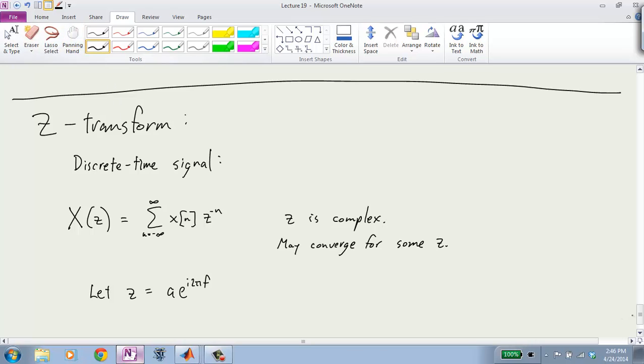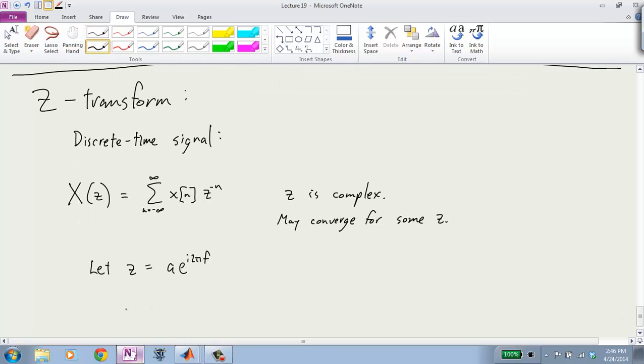Then we substitute that in for z, and we would have then X of a e to the i 2 pi f equals the sum of x[n] a to the negative n e to the negative i 2 pi f n.